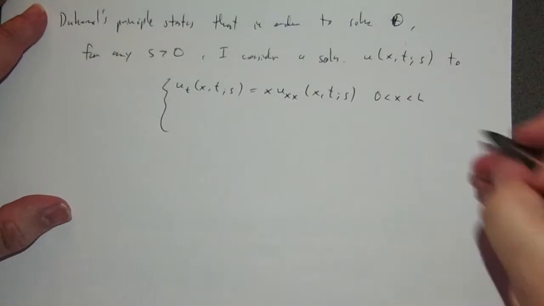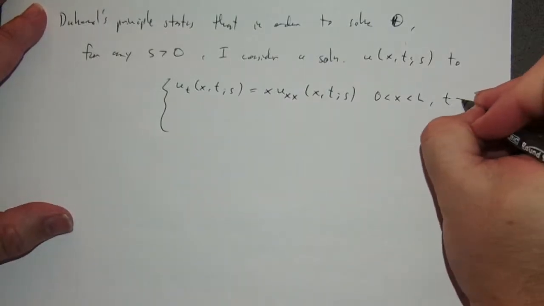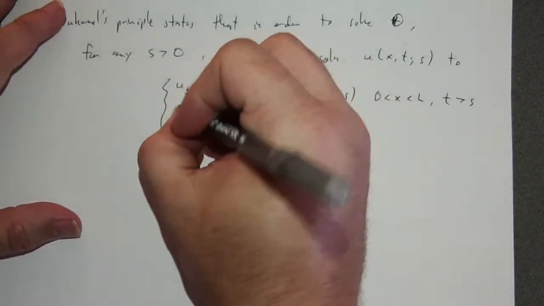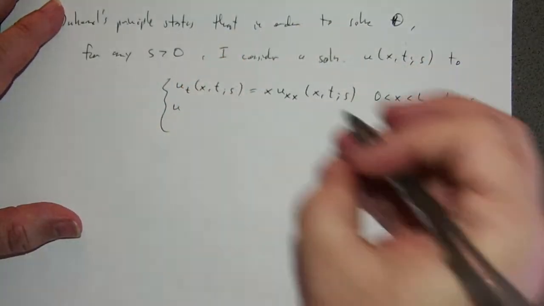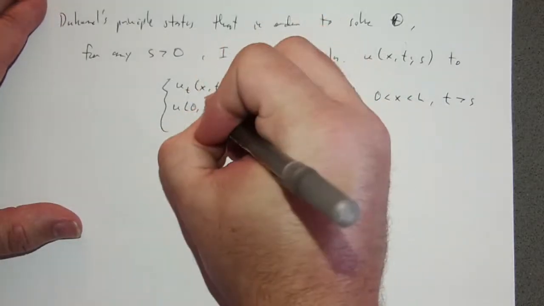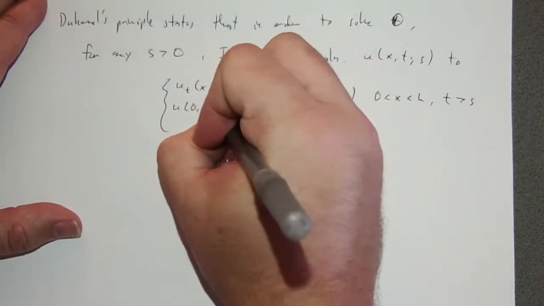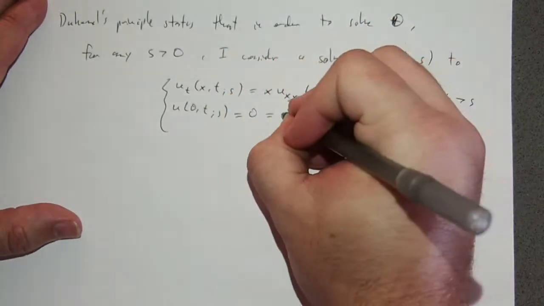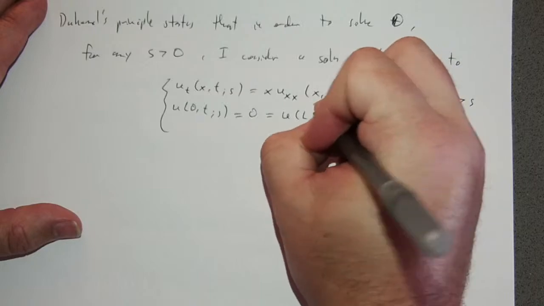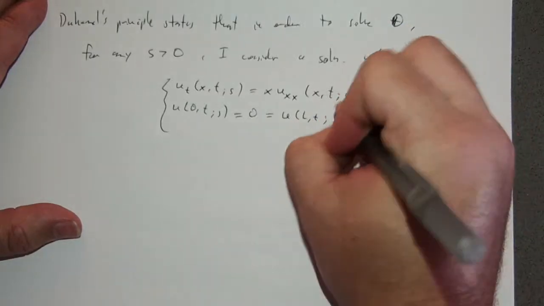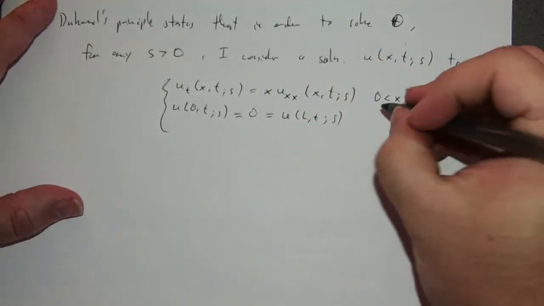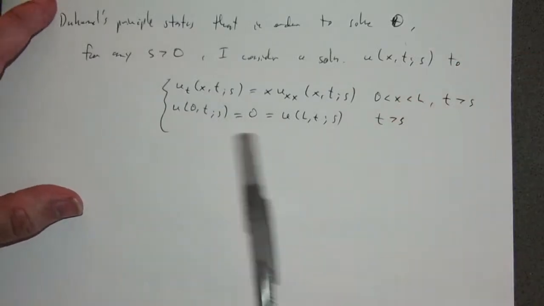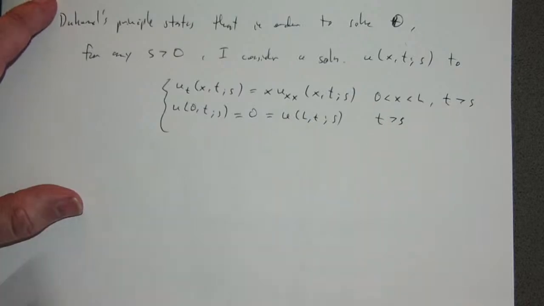x lives in the same place, but now my initial value is t equals s. So this is for t greater than s. My boundary conditions are still 0 here. So u of 0, t, s is 0, and u of l, t, s is also 0, again for t greater than s. My initial condition is, like I said, at t equals s.